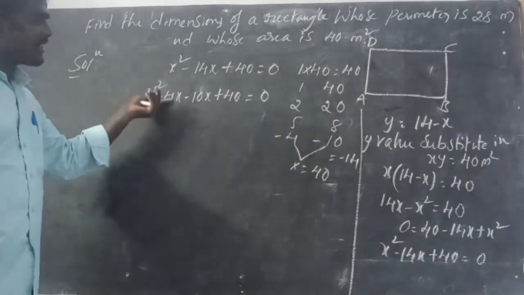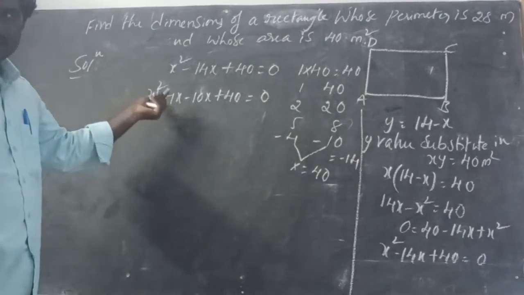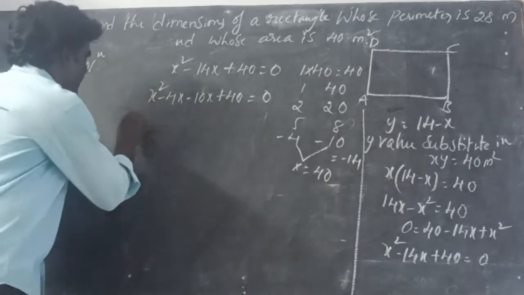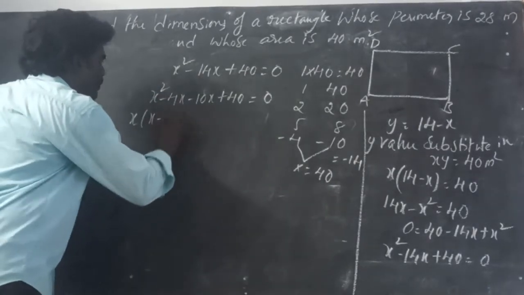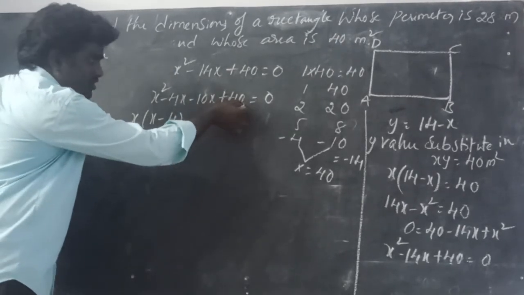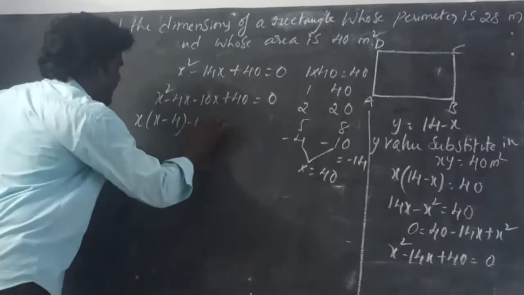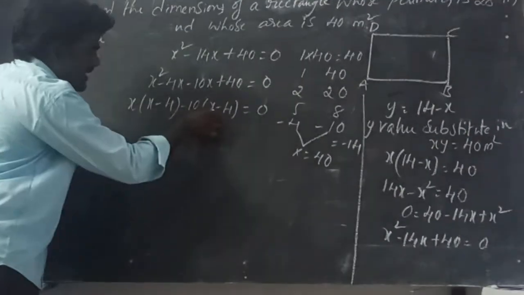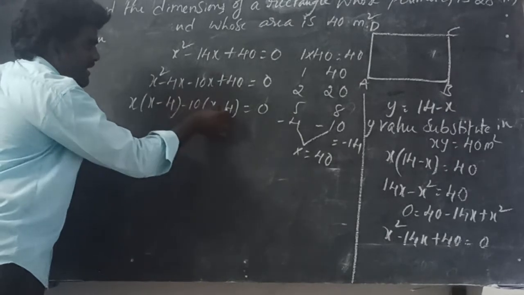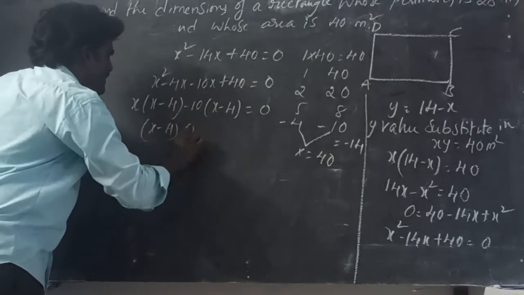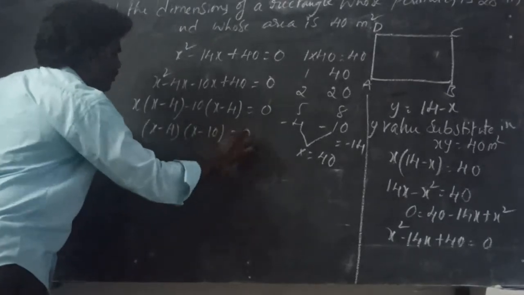In the first two, what is common? x square is x into x, 4x is 4 into x, so x of (x minus 4). In the last two, minus 10 is taken outside: minus 10 into x is minus 10x, minus 10 into minus 4 is plus 40. So total (x minus 4)(x minus 10) is equal to 0.